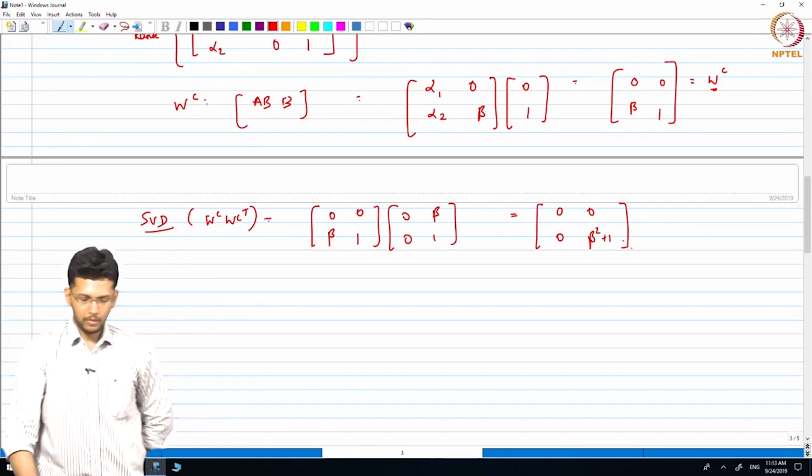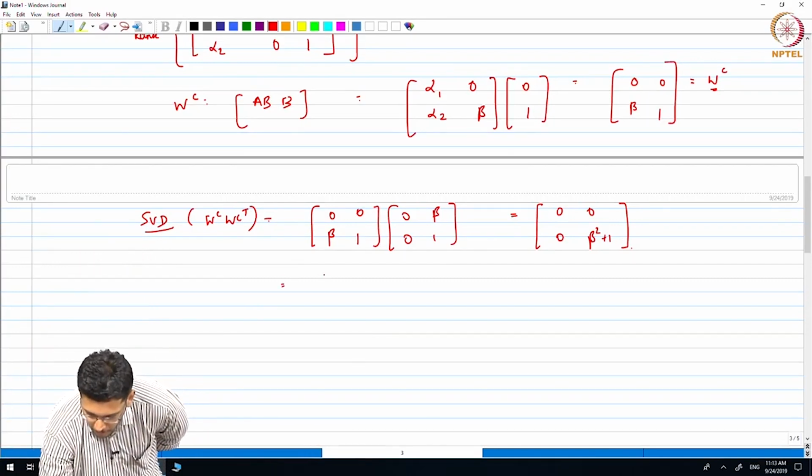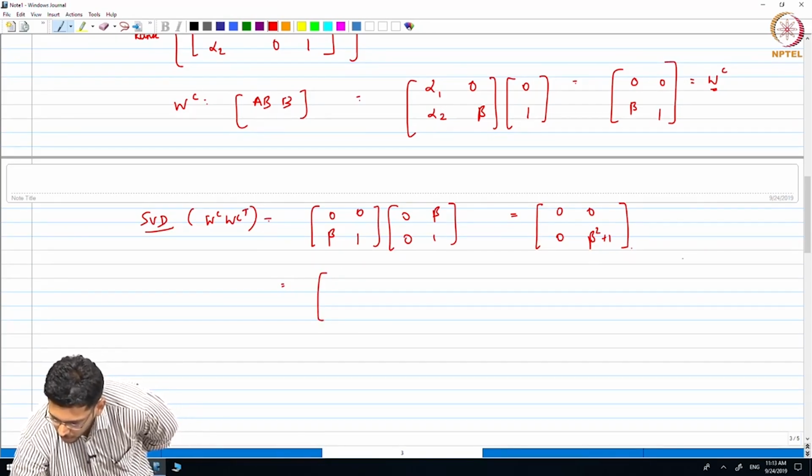When you find the eigenvectors, it will be equal to 0 0.